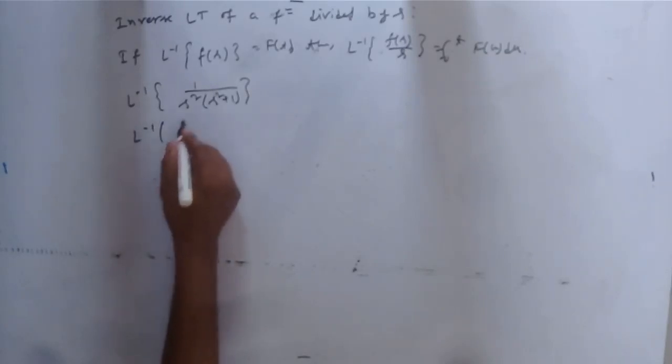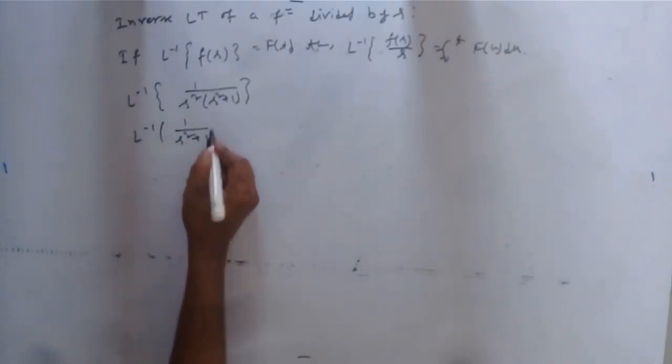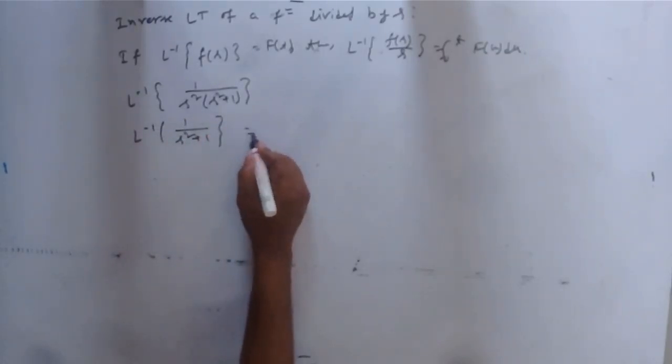Now we know that L inverse of 1 by (s square plus 1) is sin t.